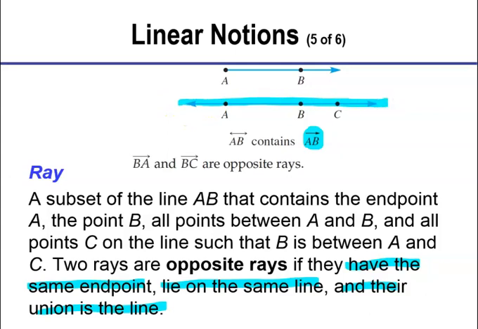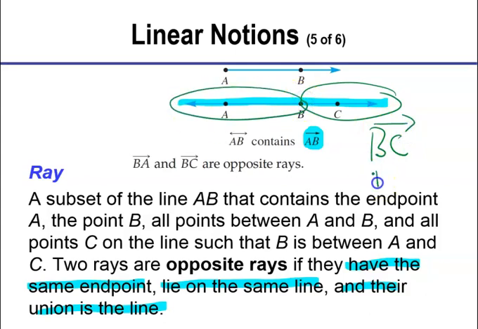It's really two rays. Again, notice how these rays are named. This ray is named ray BC, and the arrow goes that way. The ray to the left is named ray BA. So you always start with the endpoint and then extend it to the direction that goes on forever.